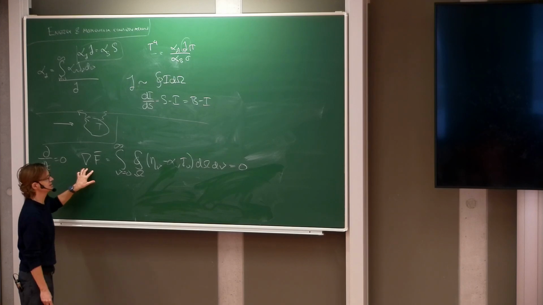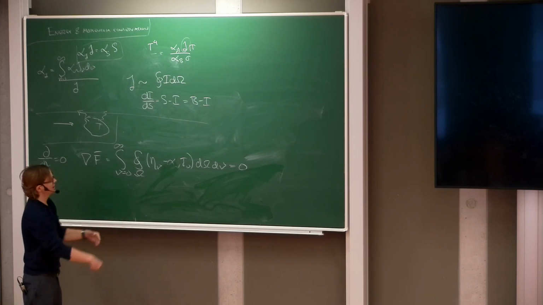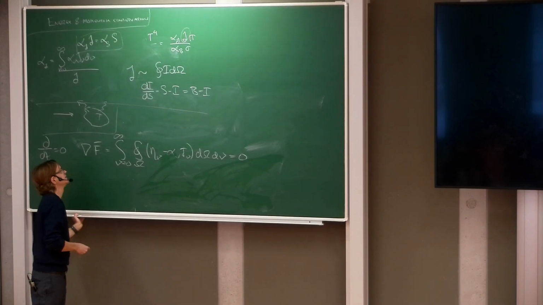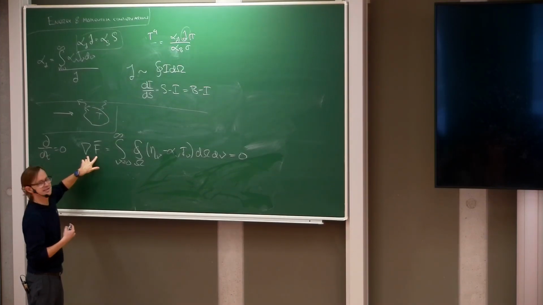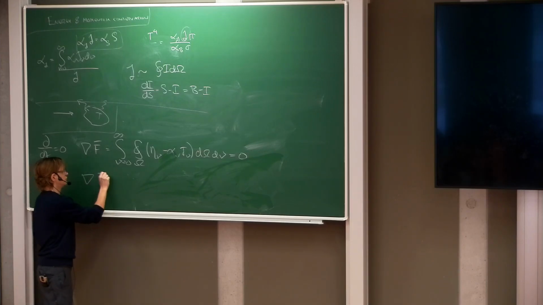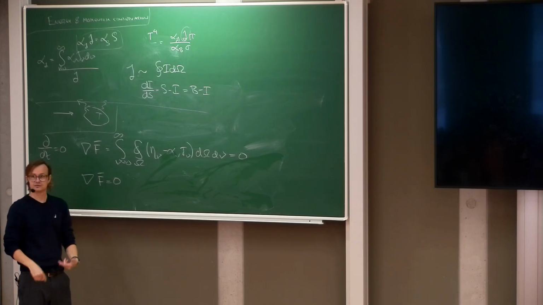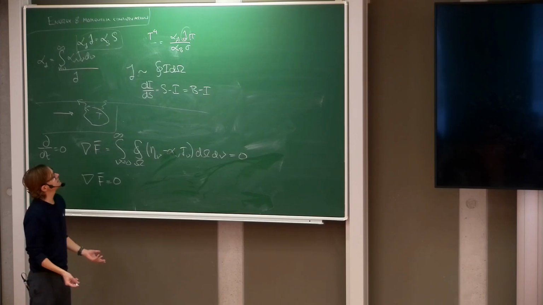Then you can just look in this equation that unless you have advection or something like that, if you have a static radiative equilibrium medium, then this can be replaced by the equivalent condition that the divergence of the radiative flux equals 0. So what does this mean?